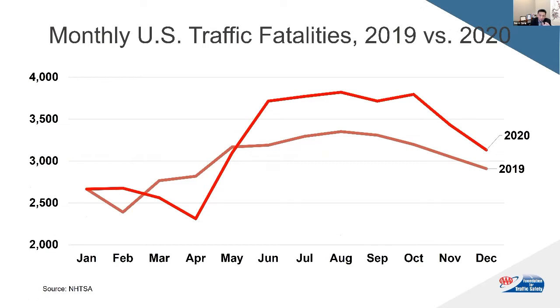Overall, compared to 2019, the rate of fatality increased by about 7% in 2020. However, if you further break it down and look at the second half, from June to December of 2020 versus June to December 2019, what we realize is there's actually a 13% increase.